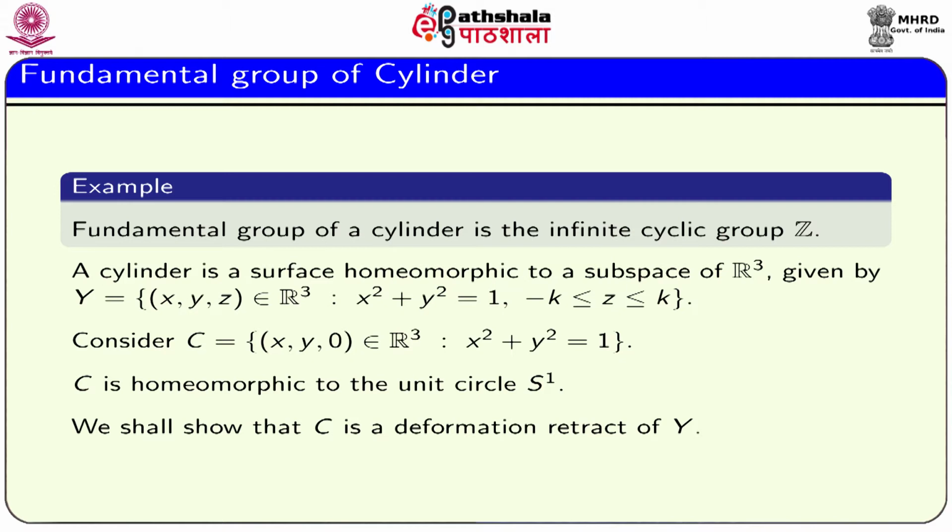Also, if we put z equal to 0 in the expression of the collection of all points in Y, then we see that C is a subcollection of Y. We shall show that C is a deformation retract of Y.